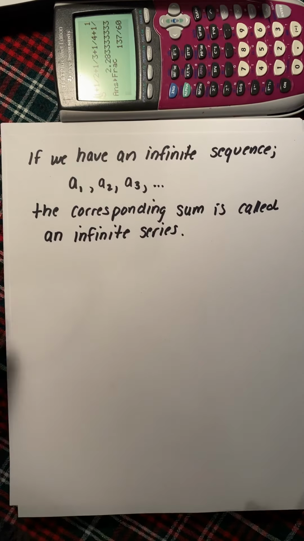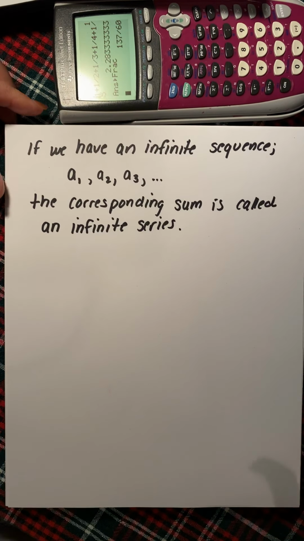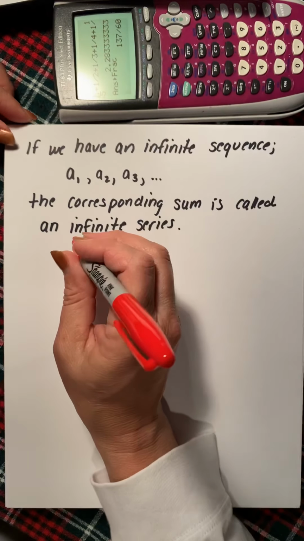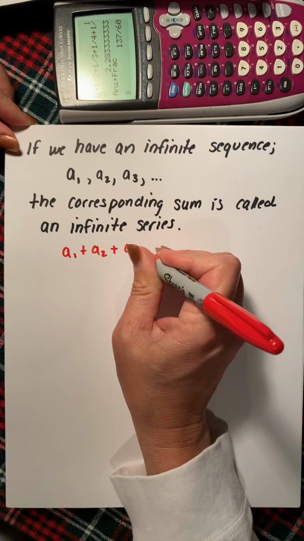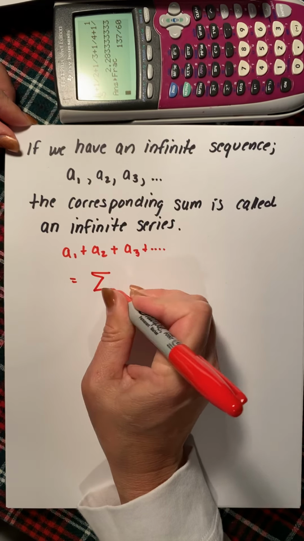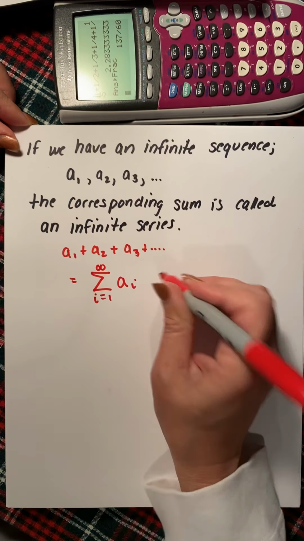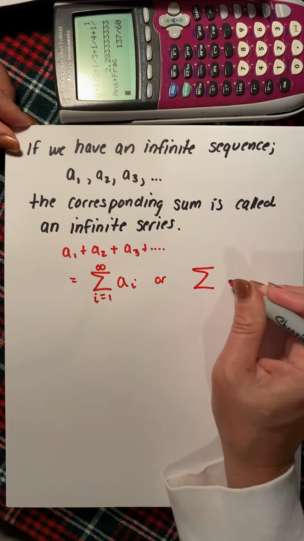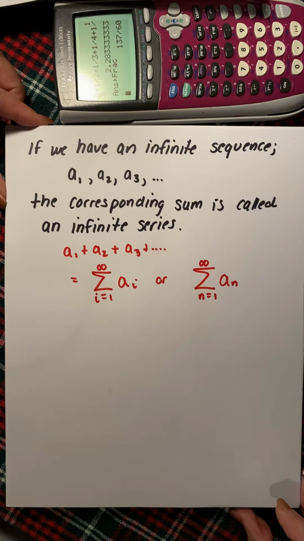All right. So if we have a finite sequence and we add up a finite number of terms, it's called a finite series. If we have an infinite sequence, the corresponding sum is called an infinite series. So a1 plus a2 plus a3 plus forever, we would write i equals 1 to infinity, or you can write an, and the subscripts are varying from 1 to infinity.